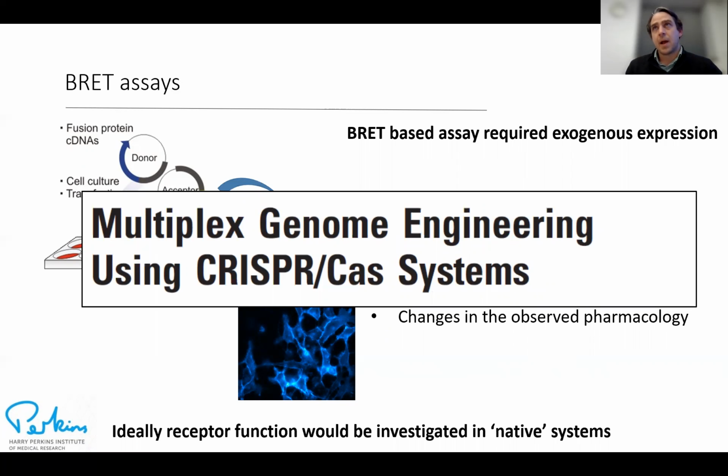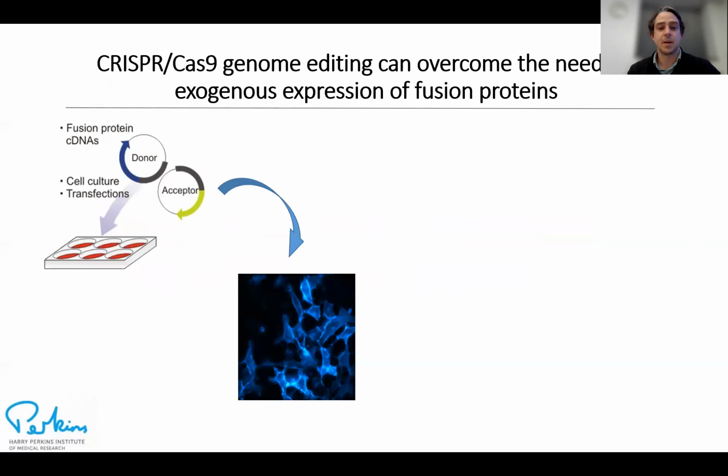So about 18 months before I started working with Kevin at the University of Western Australia with these BRET-based techniques, the CRISPR-Cas9 genome editing papers were published, and this has really revolutionized a number of fields, but it has provided us with an opportunity to start to develop BRET-based assays with natively expressed proteins.